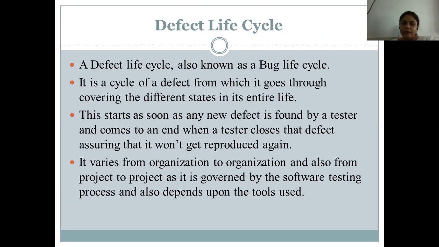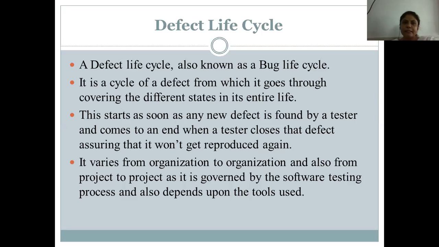It varies from organization to organization and also from project to project. That means every organization follows its own structure of defect life cycle. But whatever we are going to see in this tutorial is a generalized life cycle of the defect.